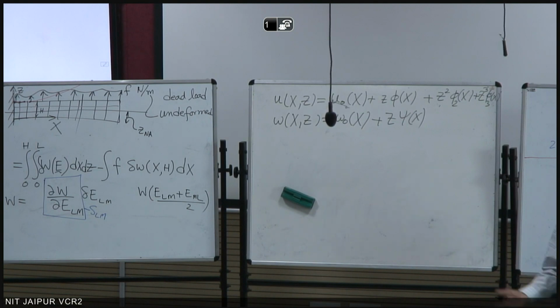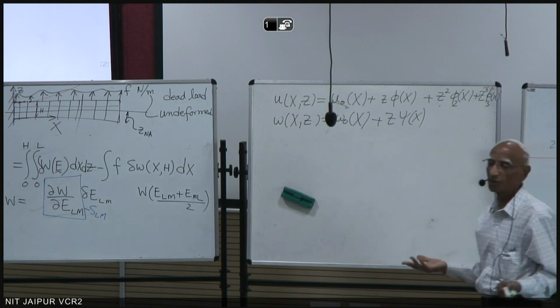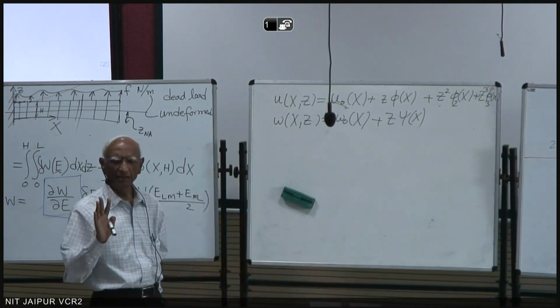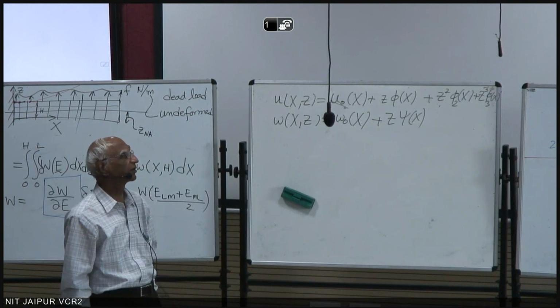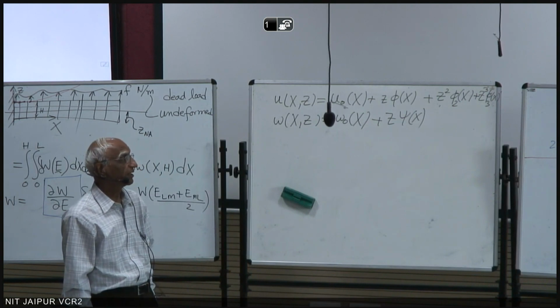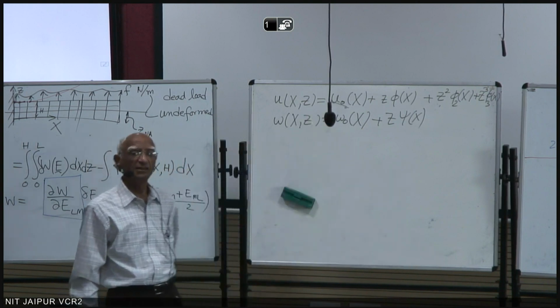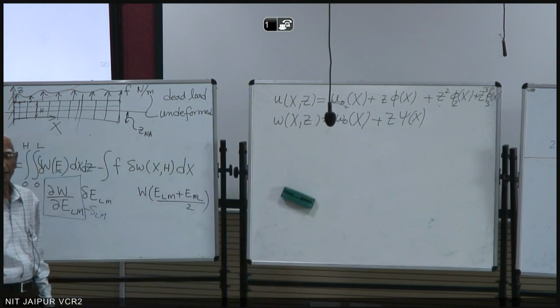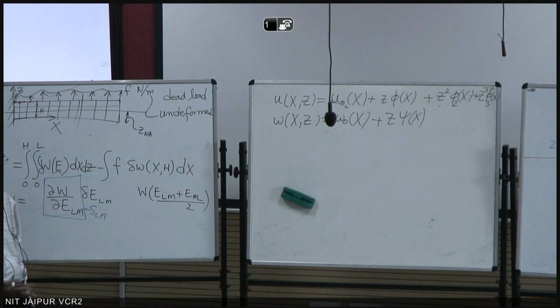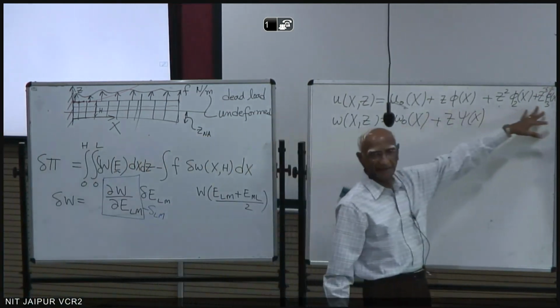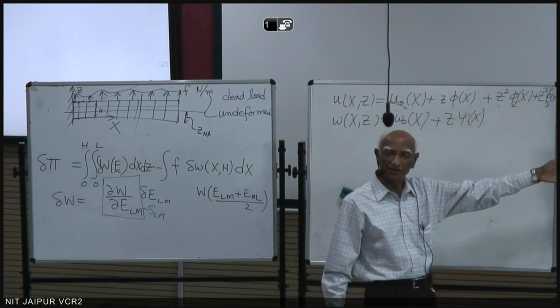So it depends upon how much work we want to do. In reality, if you really want to be strict, we should keep on expanding in terms of the z coordinate, and keep on solving the problem with different orders till the solution has converged.